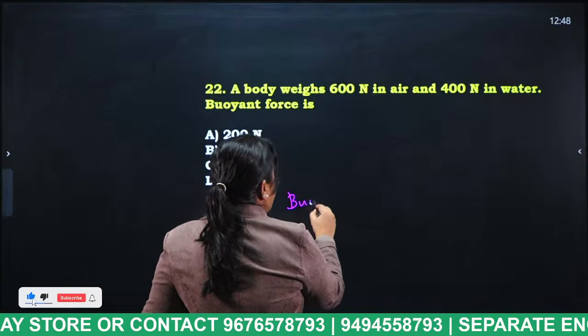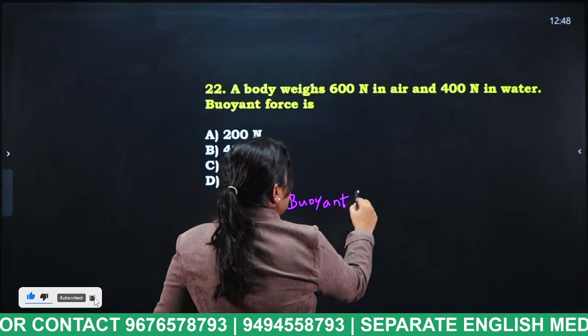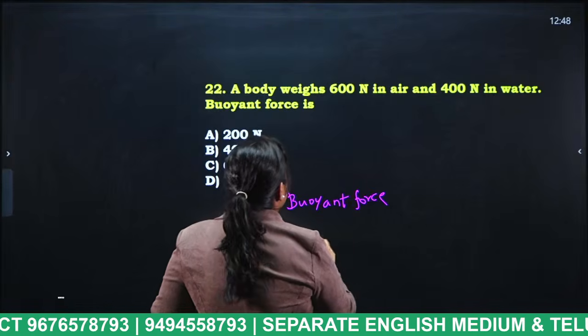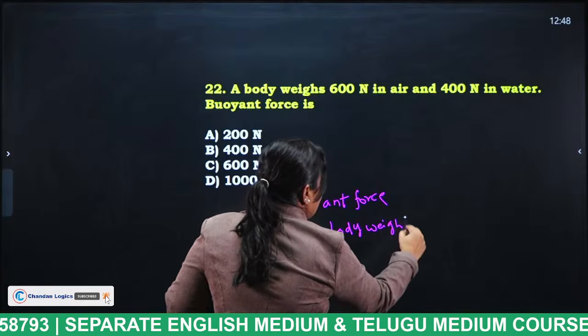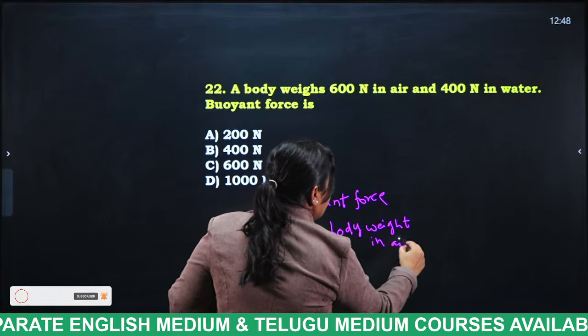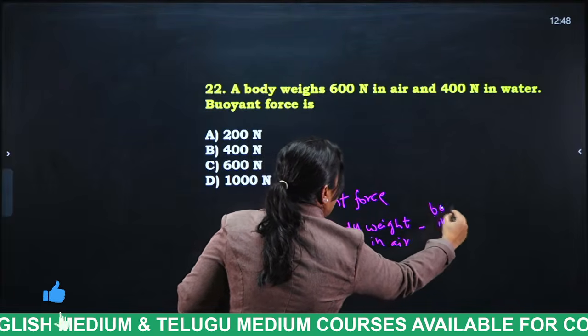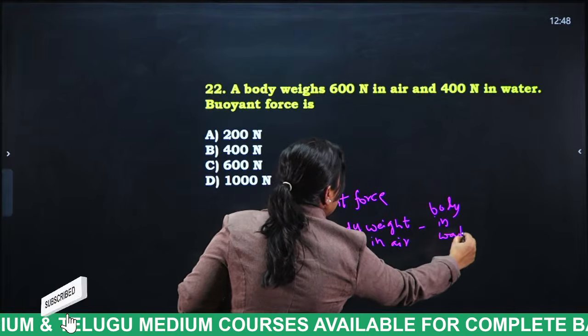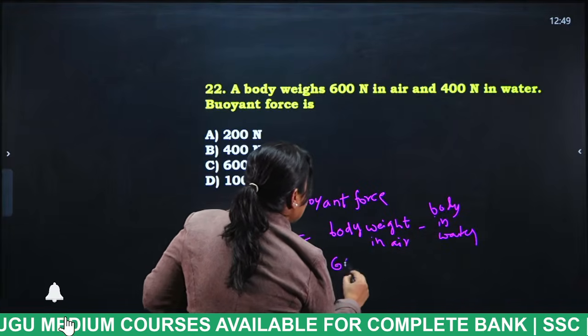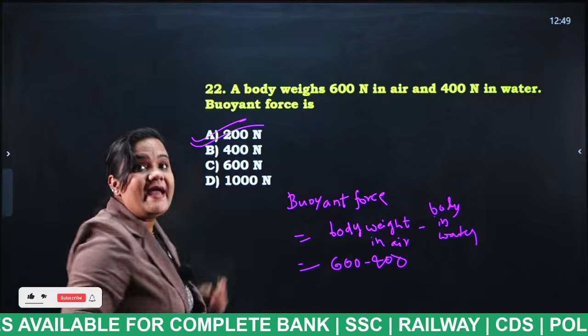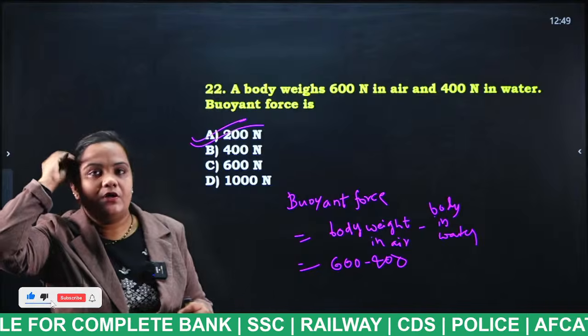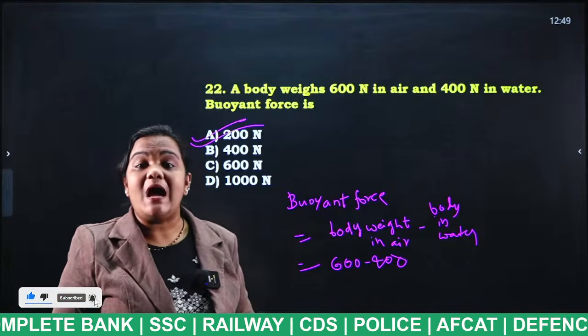For these types of problems, buoyant force is body weight in air minus body weight in water. So what is going to be the answer, students? 600 minus 400, so 200 newtons is the answer.